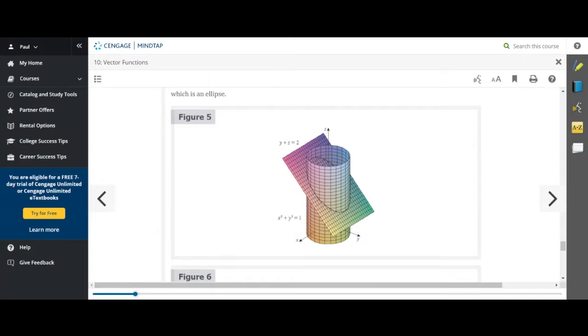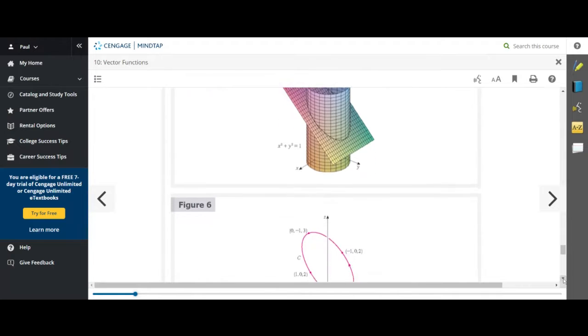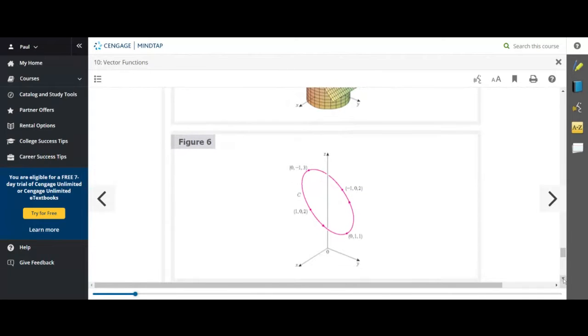You can imagine the plane intersects the cylinder, and the intersection is a space curve in figure 6. They've plotted some points on the space curve too. But what we want is the parametric equations of that space curve.